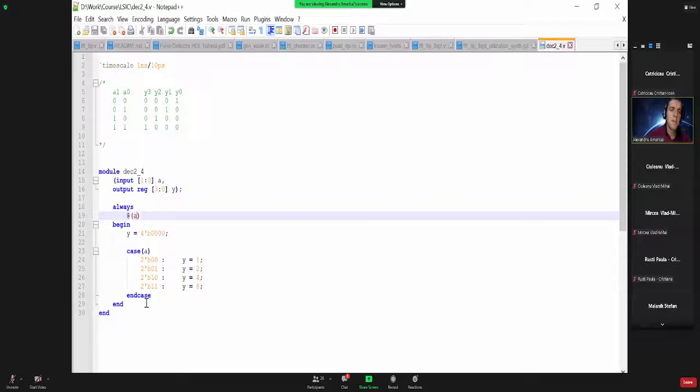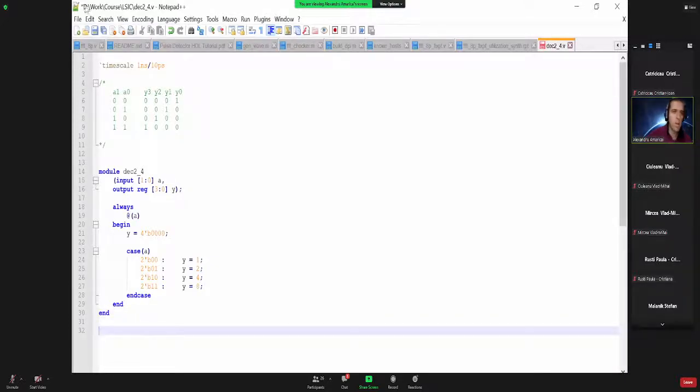Any change in the inputs will lead to reevaluation of the logic function and the possible change for the output.